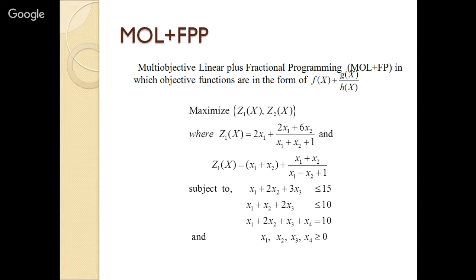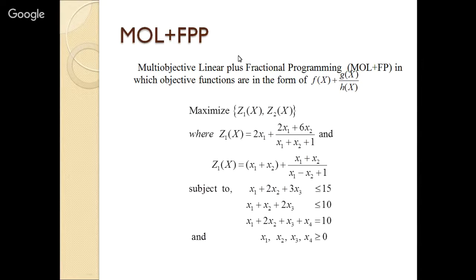That type of problem can be formulated as a multi-objective programming problem. Again, your objective function may be in different formats, maybe linear, maybe non-linear, maybe linear plus linear fractional. So accordingly, you need to use different solution approaches according to your problem.